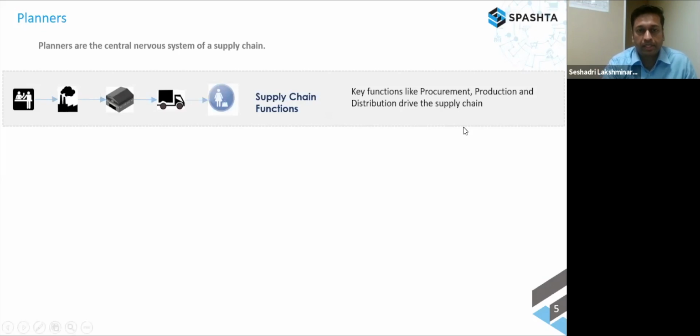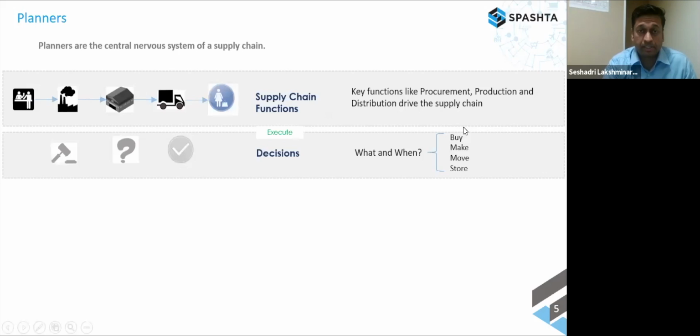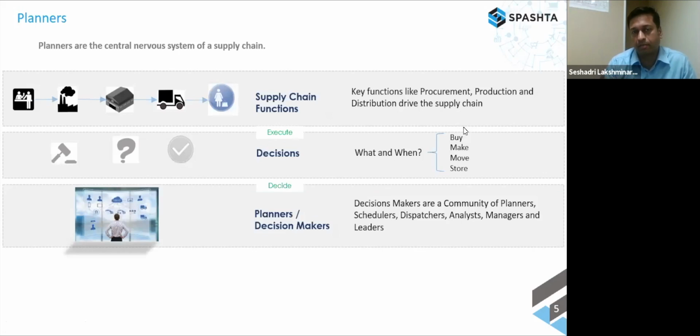So the individual supply chain functions basically get executed by decisions that are taken, and these decisions are taken by planners. That's typically how it works in a supply chain. The planners decide on the various aspects of each activity in the supply chain: procurement, manufacturing, distribution, shipping, delivery, and then sales.